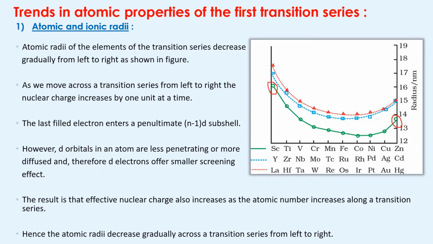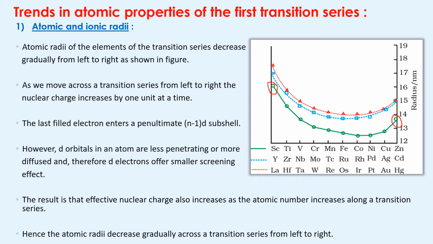Okay, so these are the reasons why your atomic radii decrease gradually across the transition series from left to right. So what do you have to write in that? As we move across the transition series, our nuclear charge increases. As our last electron enters the d orbital, and d orbitals are less penetrating and more diffuse, they have a very small screening effect.